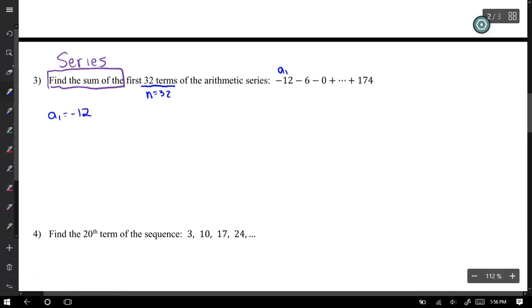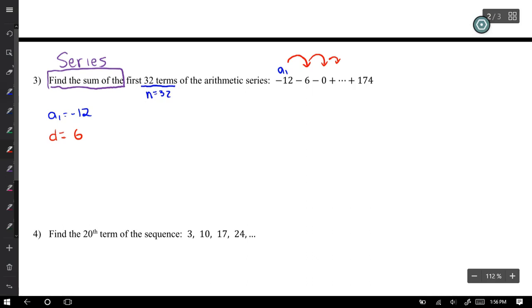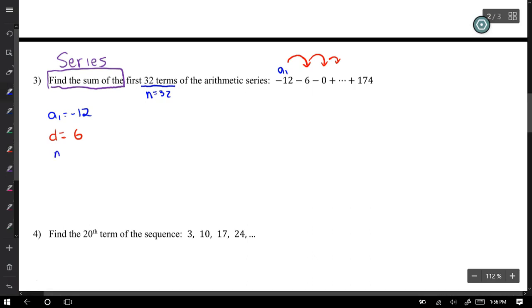And seeing how it's listed out for me, I go from negative 12 to negative 6, from negative 6 to 0, from 0 to something else, dot, dot, dot, and I go here to 174. So I know my common difference is I'm adding 6 each time. I know my n is 32.